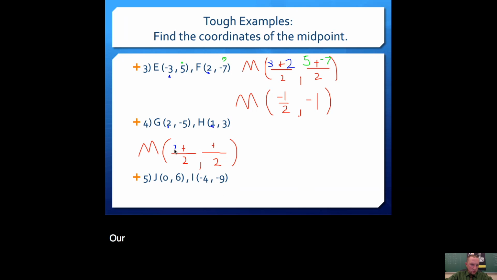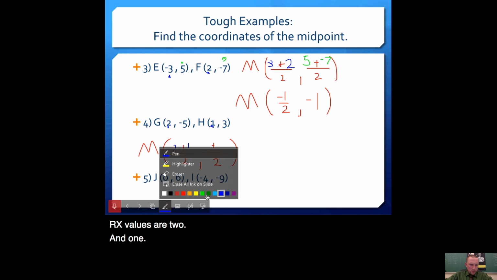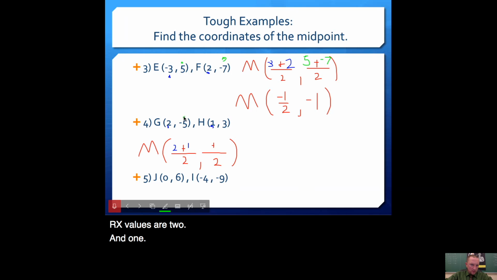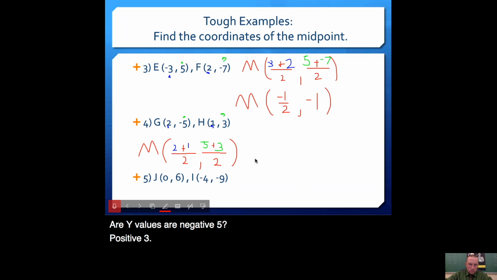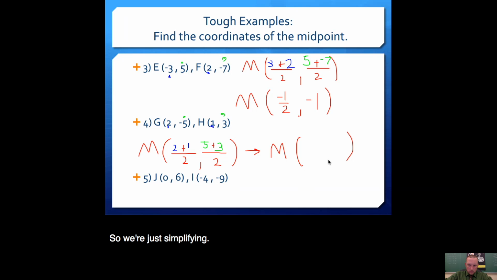Our x values are 2 and 1. Our y values are -5, 3. So we're just simplifying. 2 plus 1 is 3, and 3 divided by 2 is 3/2.